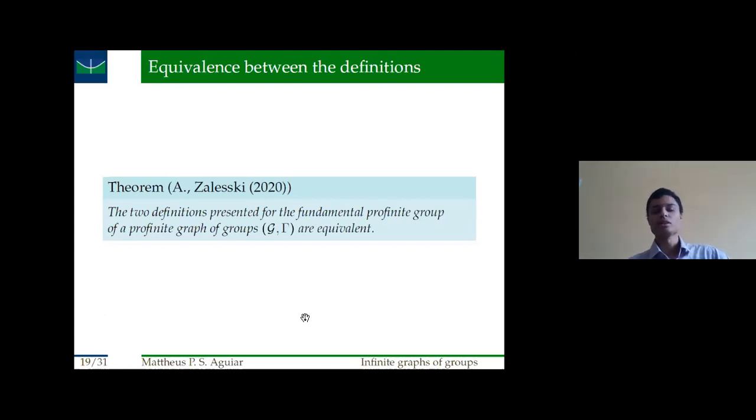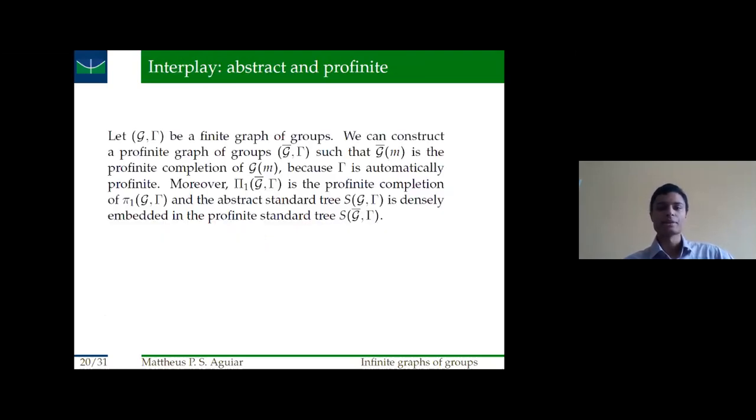So with this new definition, we have equivalence between these two definitions. And now we can work with these to prove interesting results.